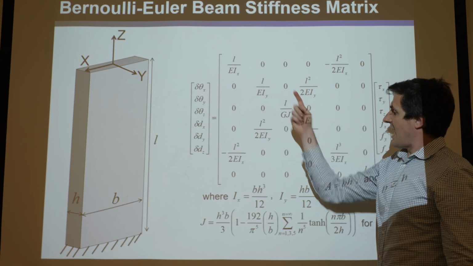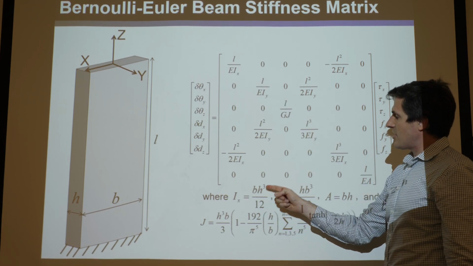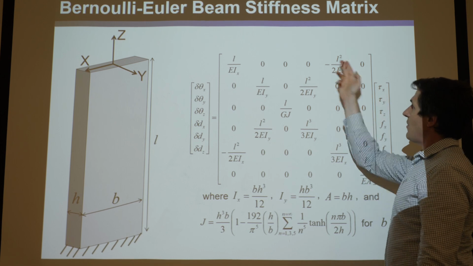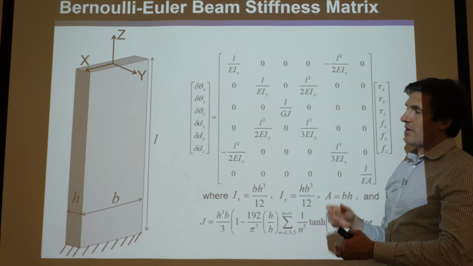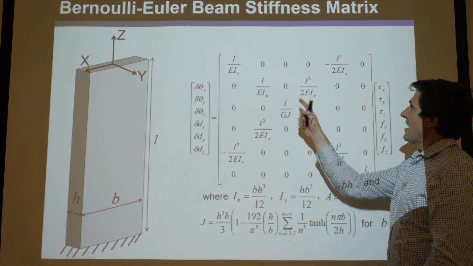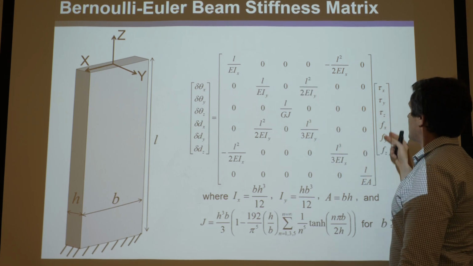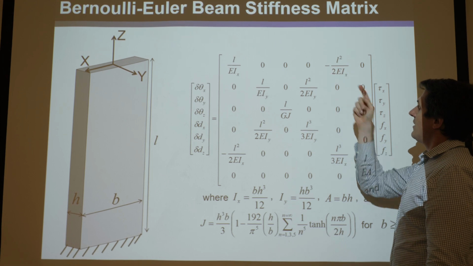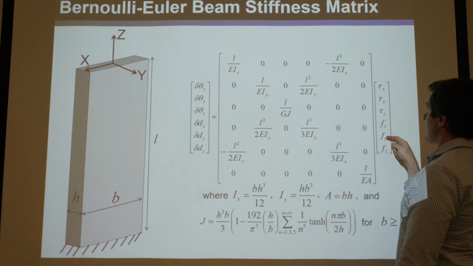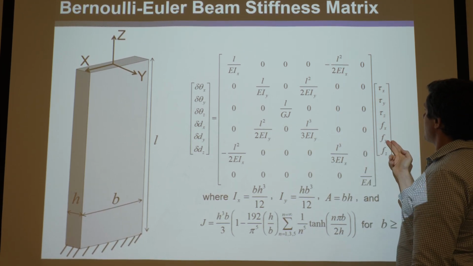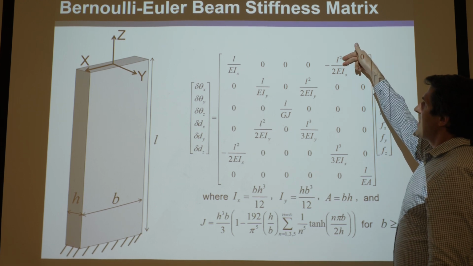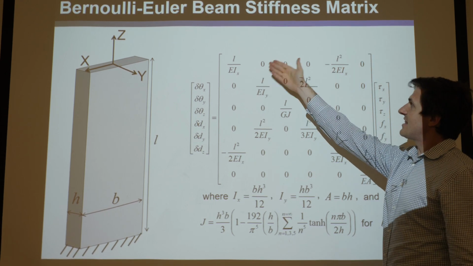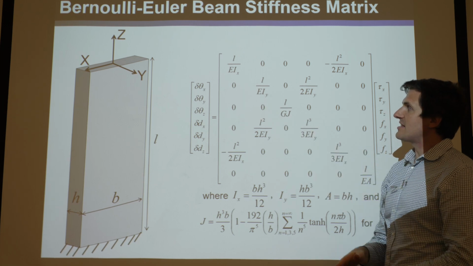If you do EIX, where I x is BH cubed over 12, tau x times that is that. And there we go, we've related them. We can make all these zero because none of them affect it. But then you see this one's not zero, and you ask yourself, which one is that? This one's Fy, the one that would multiply by that one, and apparently it adds to this one to influence theta x.